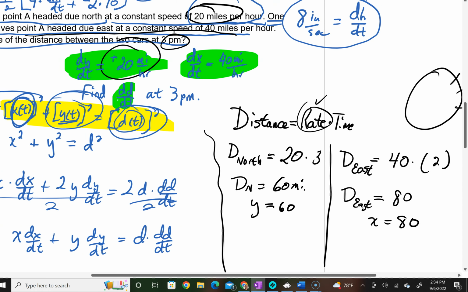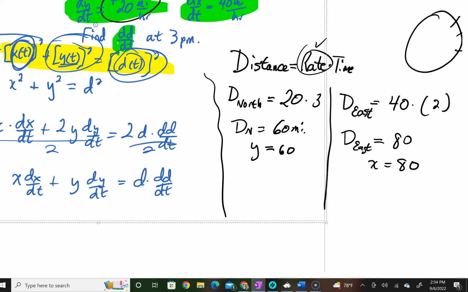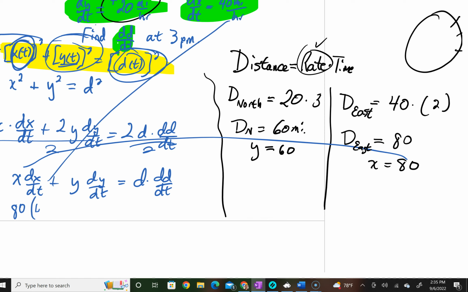Well, right now, you could probably feel a great sense of relief. You could say, well, now I know what x is. I can come over here and say, hey, x is 80. And I know what dx dt is from right here. That's 40. And you could happily say, well, y, you just found that to be 60.